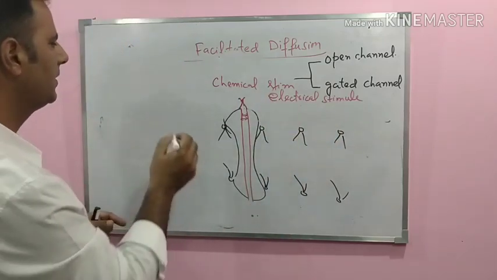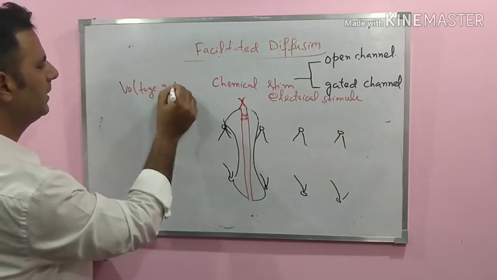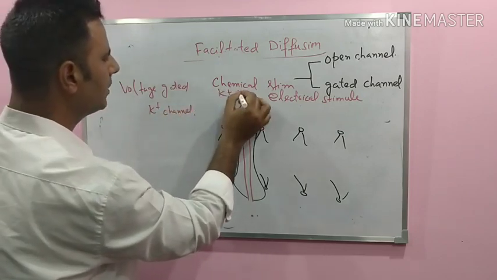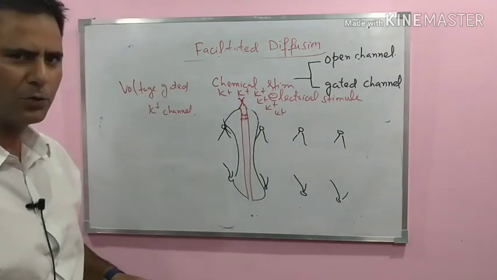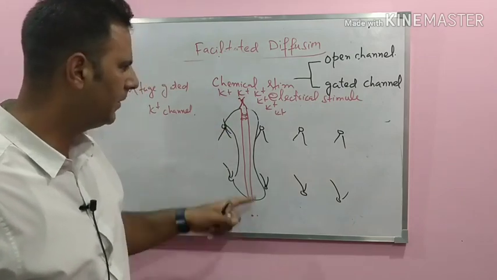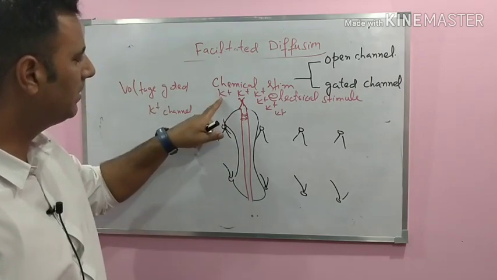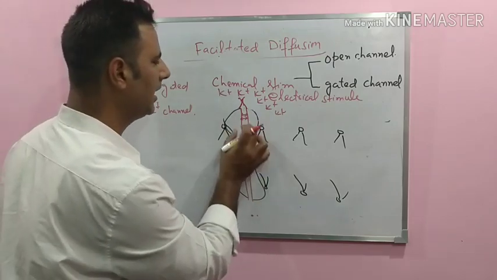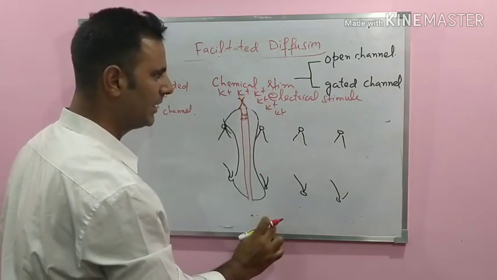For example, I will tell you voltage gated potassium channels. We have a very famous example, voltage gated potassium channels. What is going to happen if the concentration of potassium ions outside the membrane is more, and if the potential inside the membrane is less, therefore there is a gradient, an electrochemical gradient, and at the same time the potassium is being transported across the membrane with the help of gated channel which has gates, and definitely there is more electropositive potential on one side, less electropositive potential on the other.